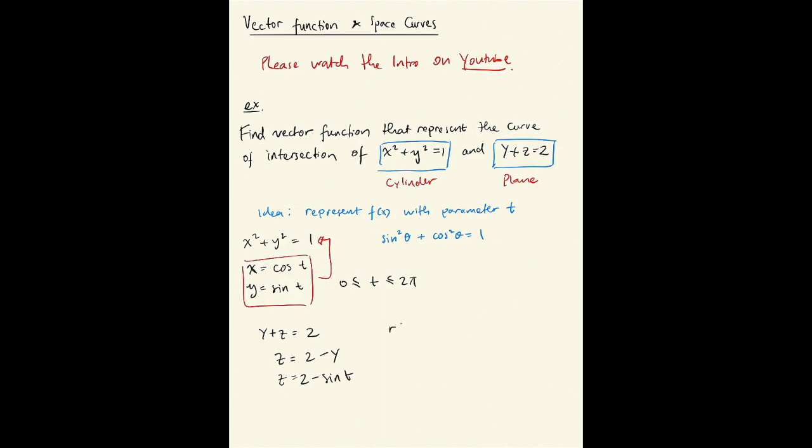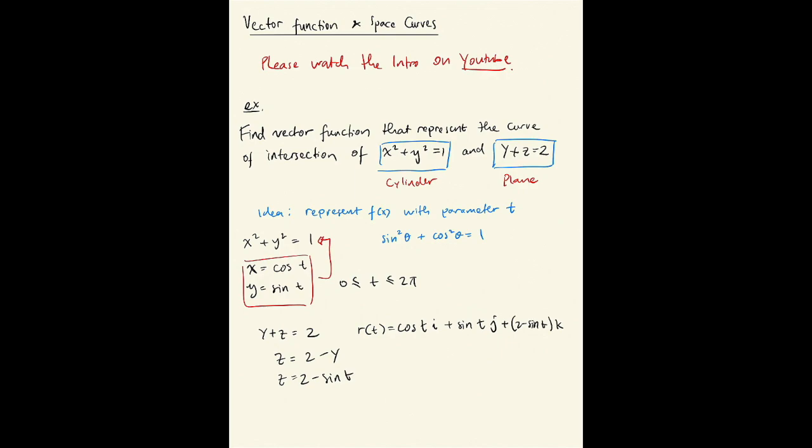So the vector function will be, if you want to write ijk, cos t i plus sine t j plus 2 minus sine t k.